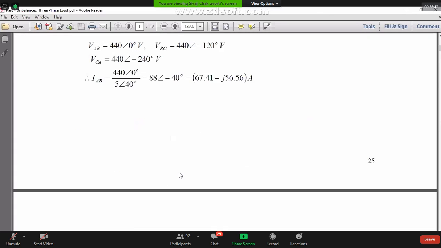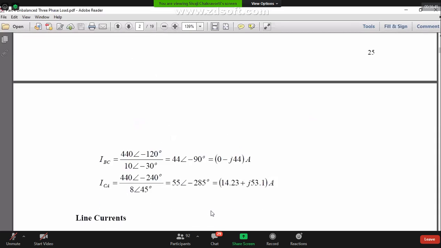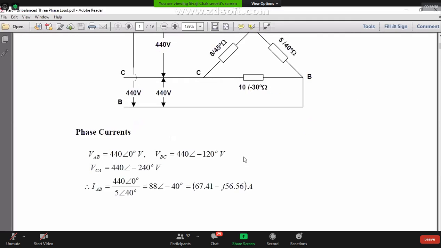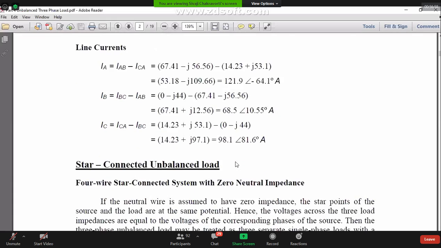Then what is the line current? Very simple, right? Look at terminal A. By the way, these currents are in cyclic order: AB is from A to B, BC is from B to C, CA is from C to A. Looking at node A, apply Kirchhoff's current law.